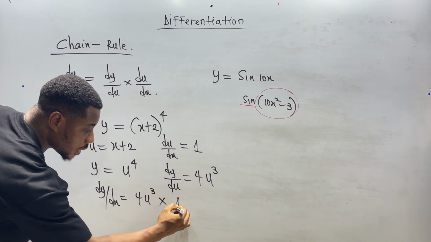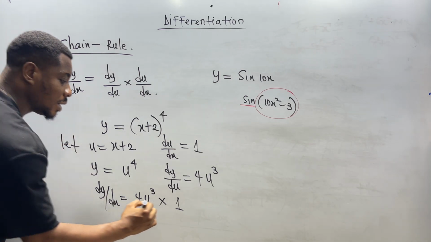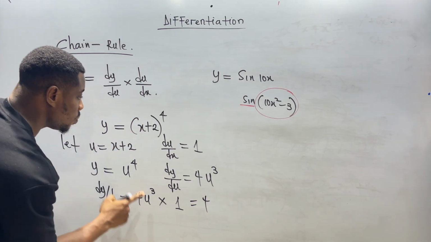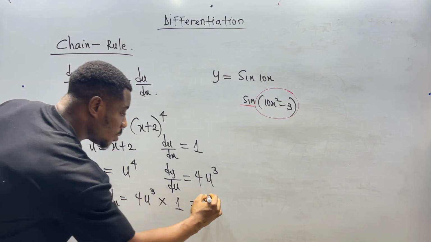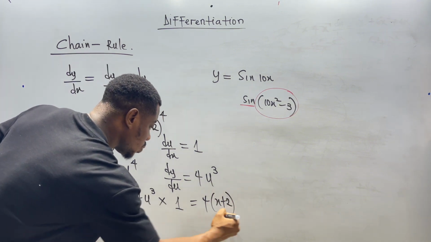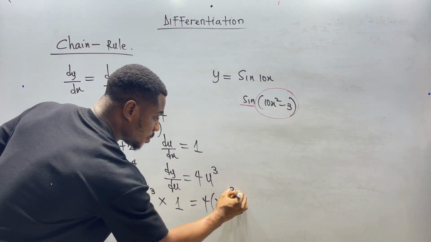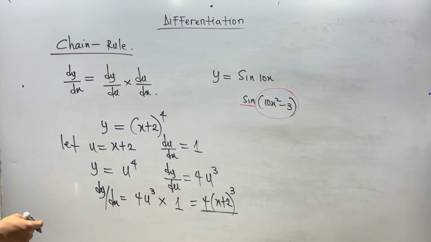Replacing what we have, u we said in the question is what we called x plus 2, so it becomes 4 times (x plus 2) to the power of 3. This is the answer.